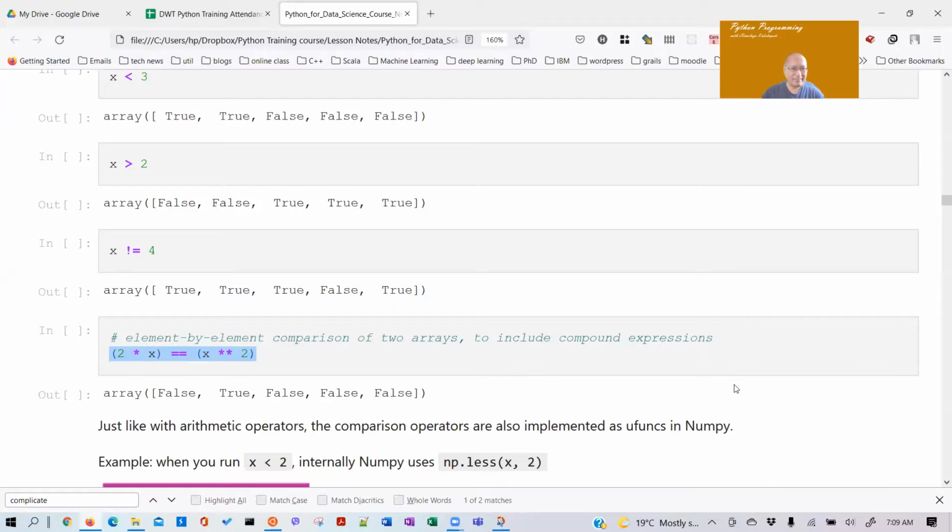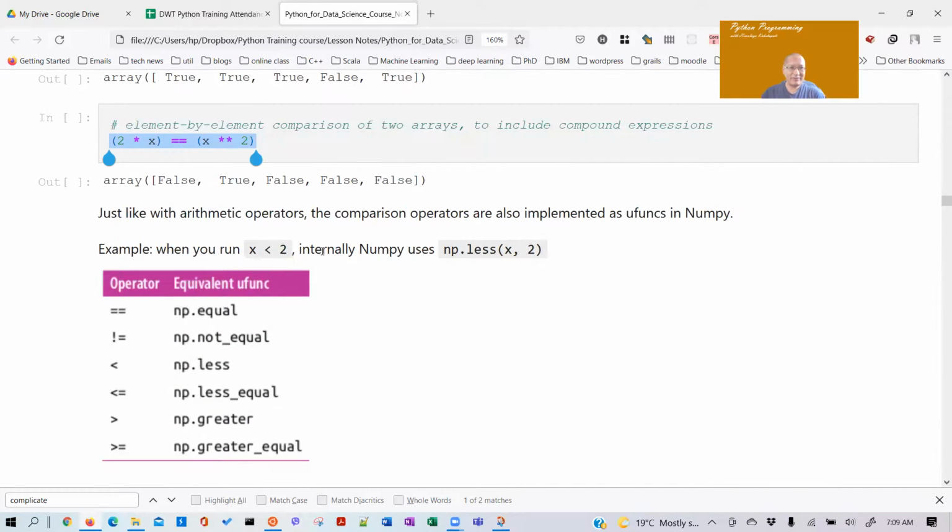Just like arithmetic operators, the comparison operators are also implemented as NumPy functions. Internally, even when we write it this way, it calls a method called a ufunc. So even the comparison operators are ufuncs, universal functions.